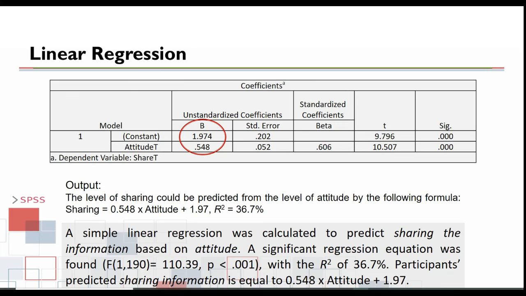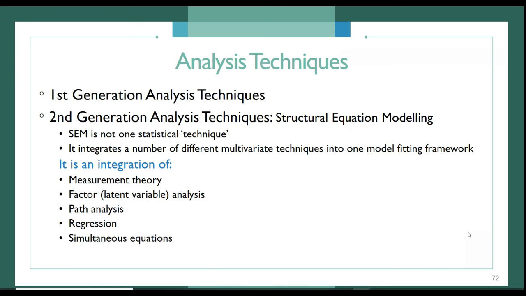This is the equation of our sharing information based on attitude. This one is the constant I got from here, and this one is the coefficient I got from here, multiplied by attitude. So that's all about our SPSS.